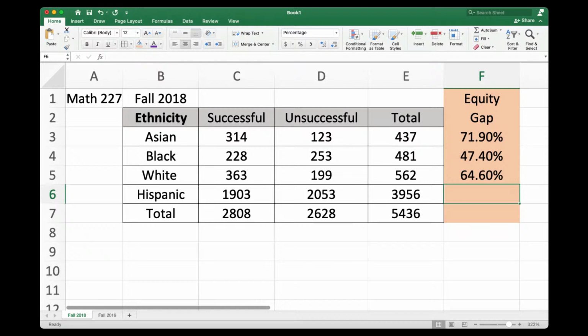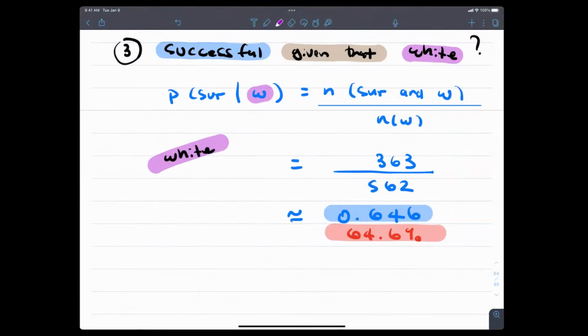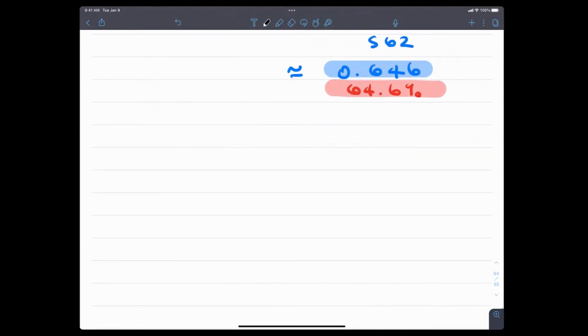Fall 2018, pre-AB 705. Okay, what we're going to do now for number 4 here. We're going to look at the probability of being successful, given that you're from what group? Hispanic. Now, Hispanic is a general term.